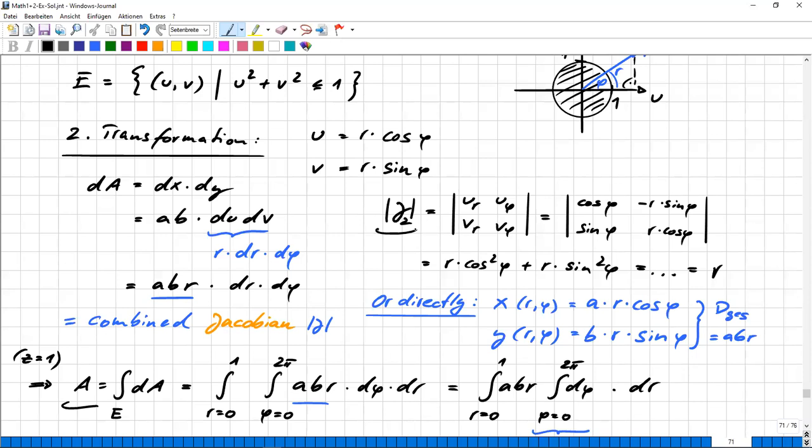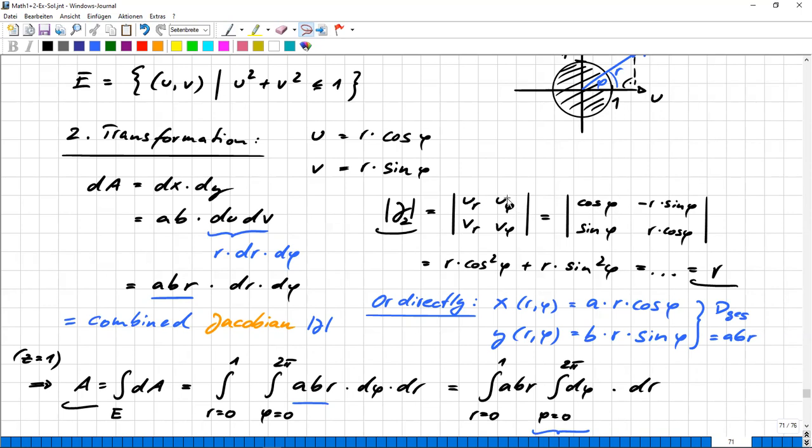So anyway, what we get here is setting up the second Jacobian, which means we have to take the partial derivative of the old variable u with respect to r, then with respect to phi, and the same for v. So now look here again, taking the r derivative of this term, keeping phi constant, gets us some factor cosine of phi, which stays there, times r differentiated for r, so that gets simply cosine of phi.